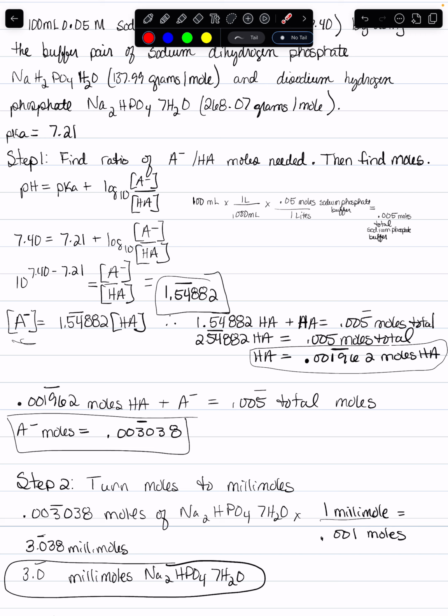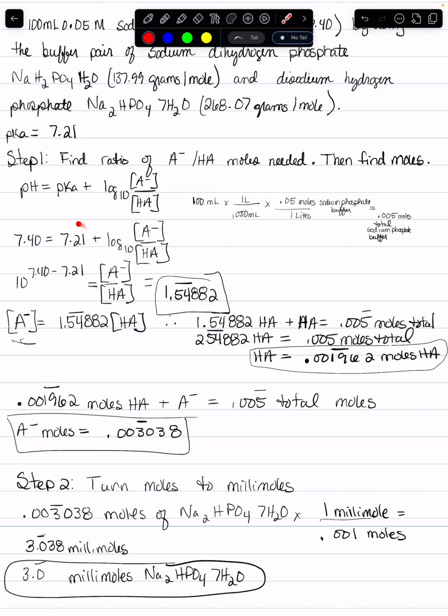Now let's think about what's going on here. Because this is a ratio and it's greater than 1, that means we're going to need more of the conjugate base to get to a pH of 7.4 than we would of the HA, because it's 1.54. You can also know that even before we begin.